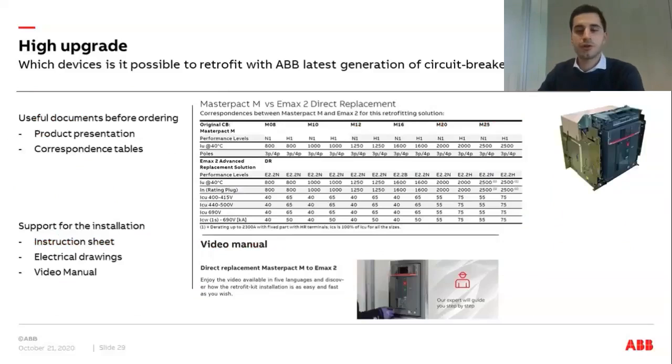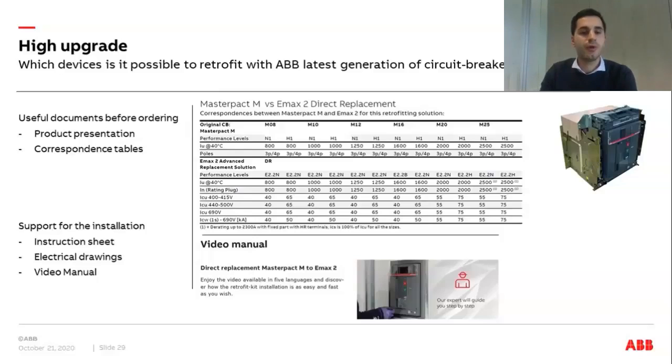So in terms of support, before and after having ordered our solutions, we have useful documents that are part of our marketing material and are very useful to order the retrofitting kits correctly. In our brochure, you can have information about the products, but in particular, it is possible to choose the solution properly.